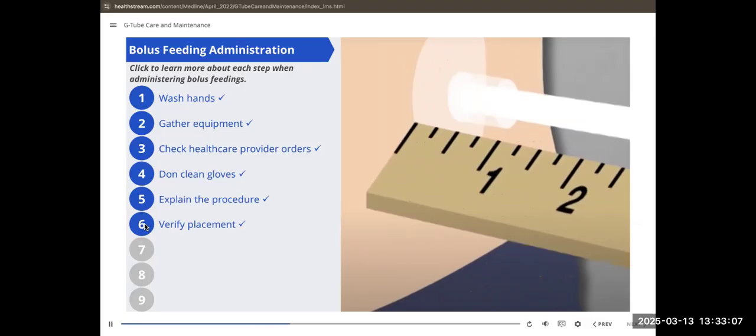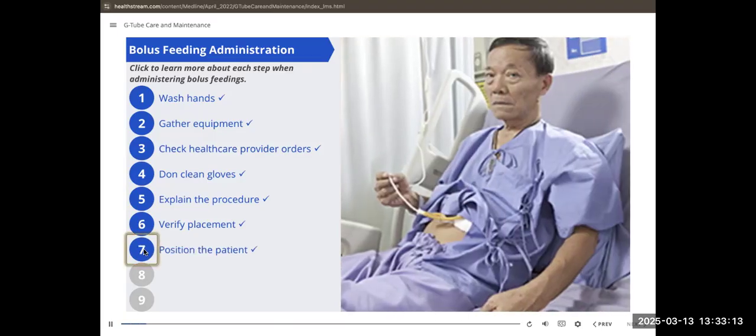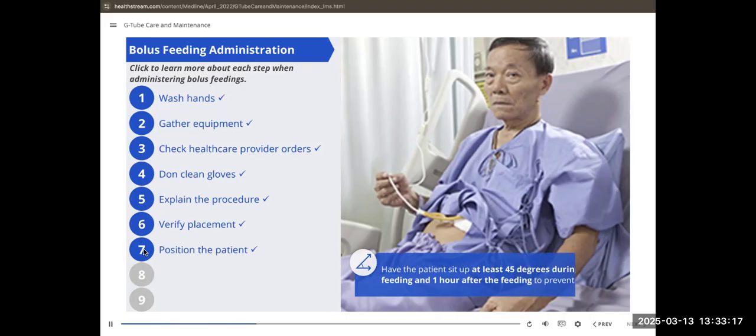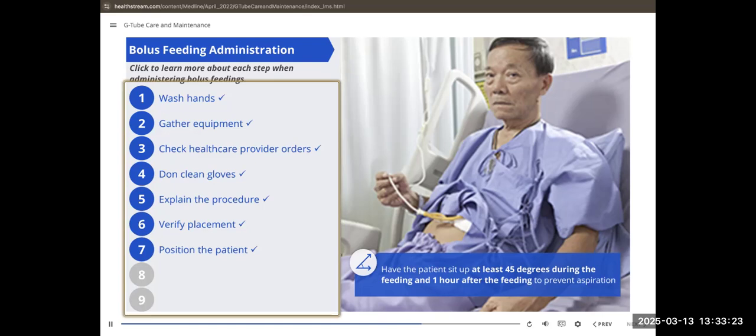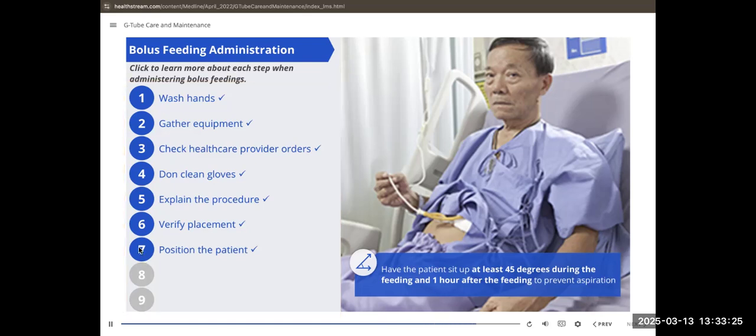This is the most important step and must be done each and every time. When you are administering a tube feeding, have the patient sit up at least 45 degrees during the feeding and 1 hour after the feeding to prevent aspiration, which is tube feeding coming back up from the stomach into the lungs.